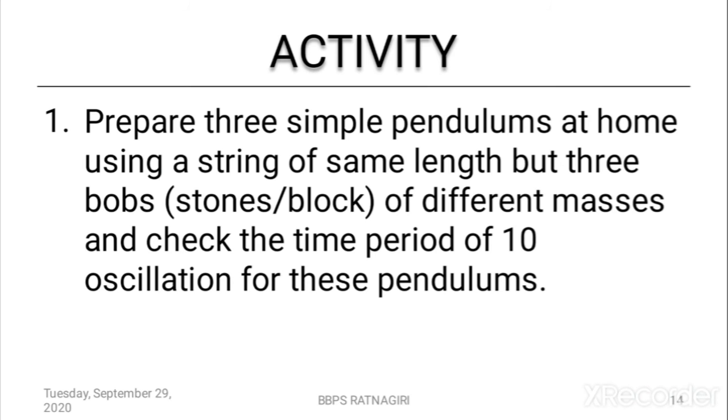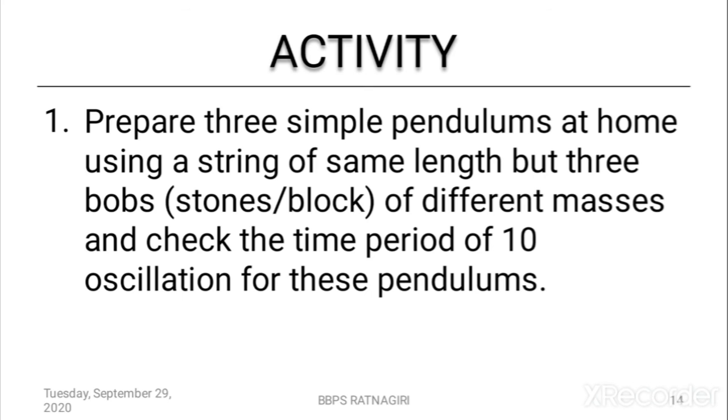They should be of three different masses. In fact, no need to measure them. You can pick up one stone which is a little light in weight, the other one which is a little heavy, and the third one should be more heavy compared to the earlier two. Note that the string length should be the same for all three.